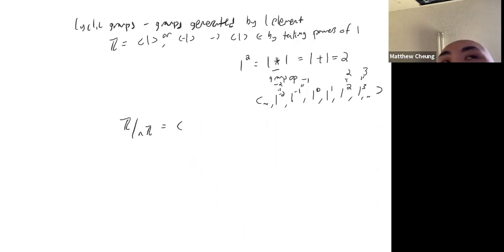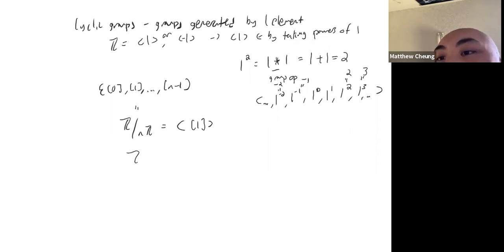What is this generated by? Not a trick question. This is the set 0, 1 to n minus 1. It's generated by anything coprime to n. One's always coprime, so we might as well just say 1.